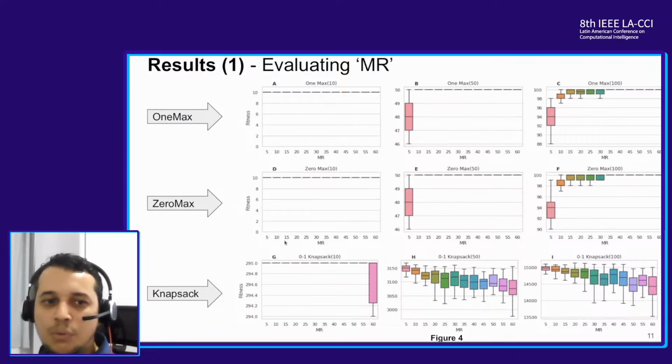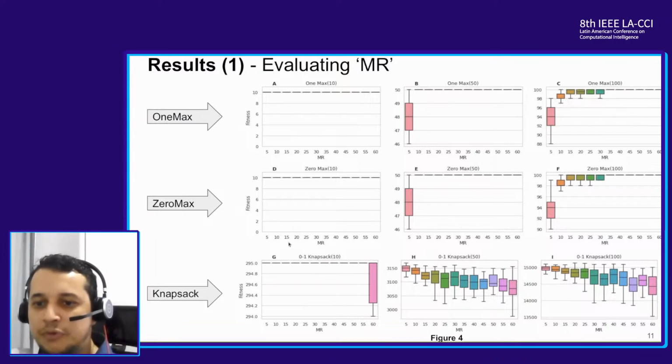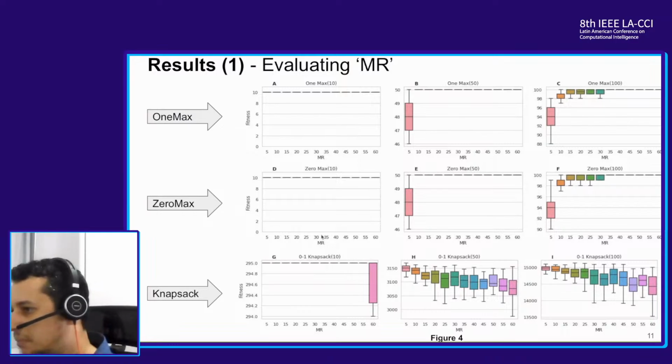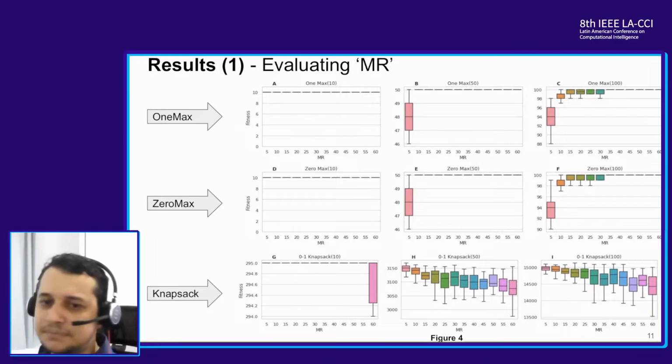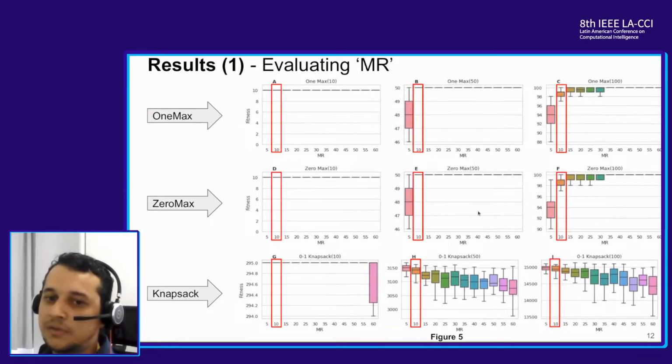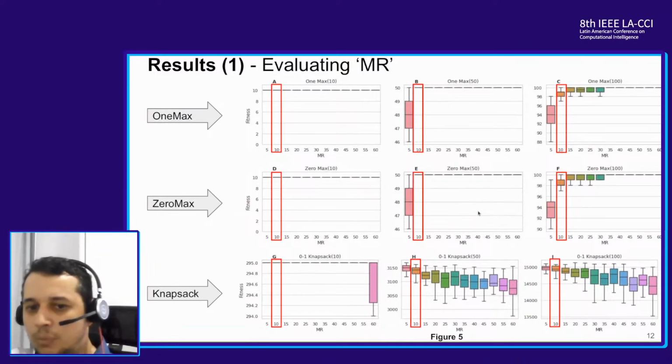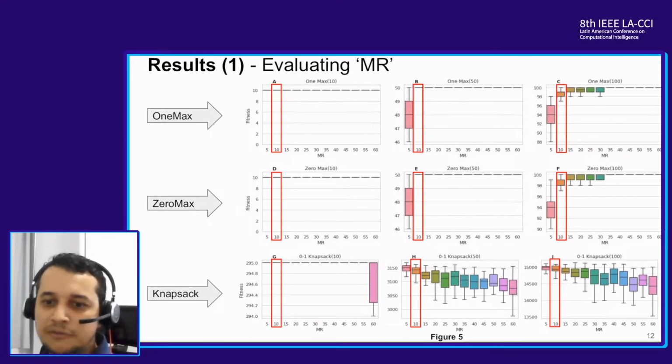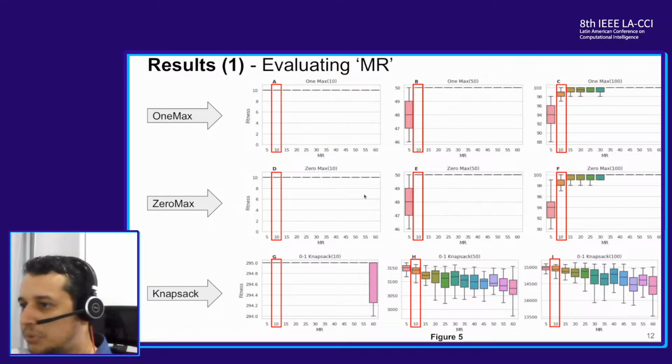As the 0-1 knapsack is more complex than 1max and 0max, we observe that in some scenarios, the performance decreases as we increase the number of flipped positions. I'm talking about H and I. When we increase the modification rate, the performance decreases. So based on the results, we propose that for these scenarios, we use 10% for the modification rate. It is more appropriate.